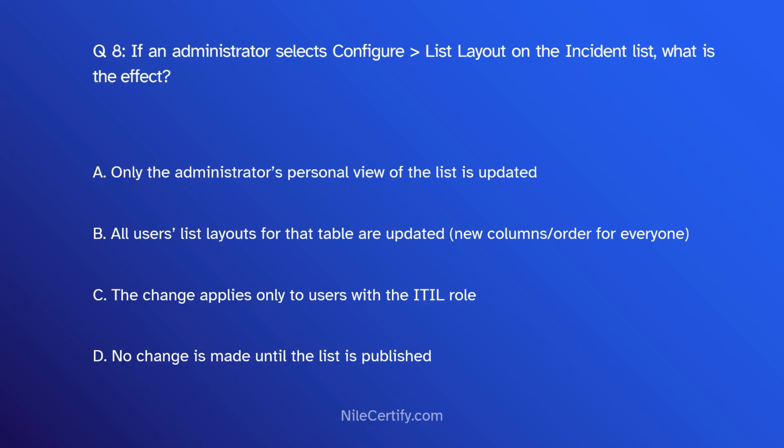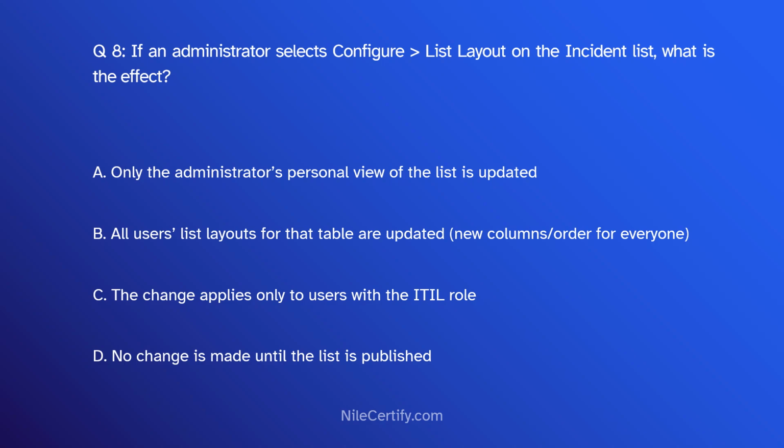So if we try to read the question and extract the clues here, we can see that the user is an administrator and they choose configure, then list layout, and they are on the incident list.